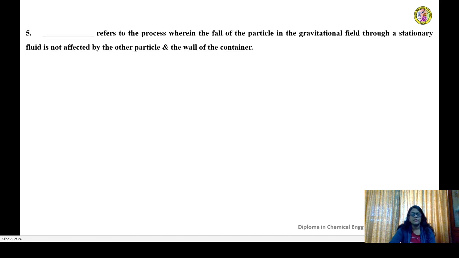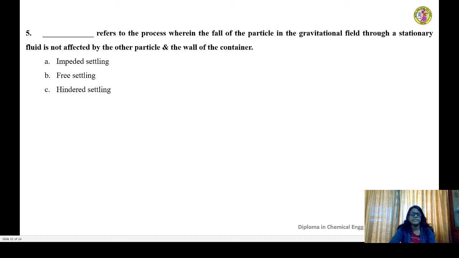The next question, dash refers to the process wherein the fall of the particle in a gravitational field through a stationary fluid is not affected by the other particle and the wall of the container. So hope all of you have guessed the answer. So let us see the options given. Impeded settling? Is it called free settling?